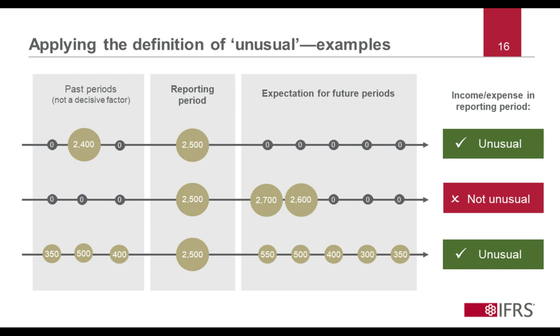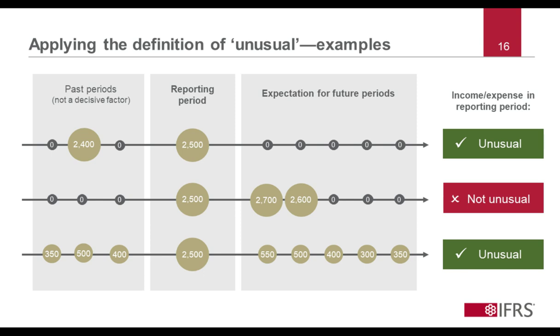So does this mean that expenses of a type that a company incurs regularly, say litigation expenses, could never be unusual? Not necessarily. Income and expenses that are not unusual in type may be unusual in amount. The third and final example on this slide illustrates a scenario in which a company incurs regular litigation costs that are all of a similar amount.